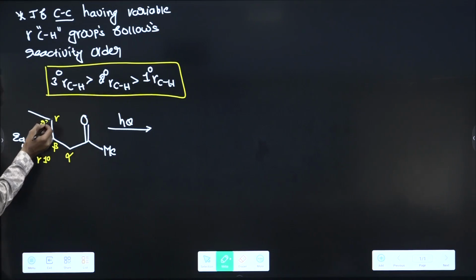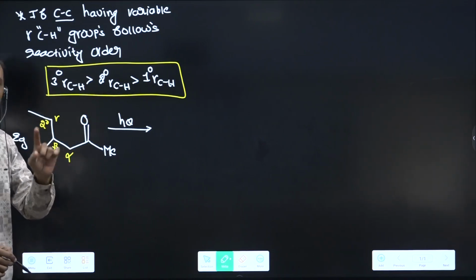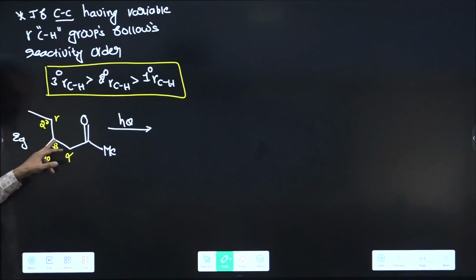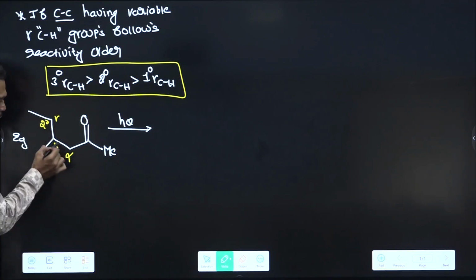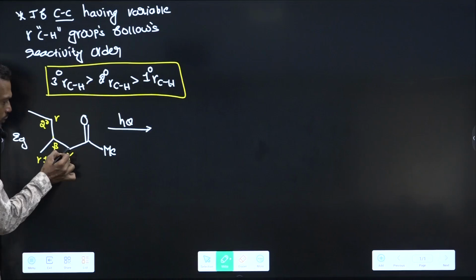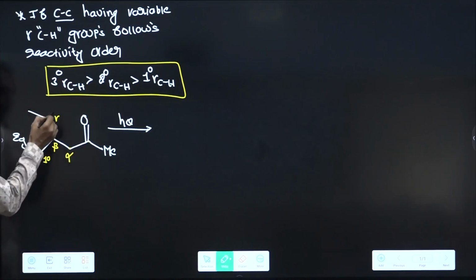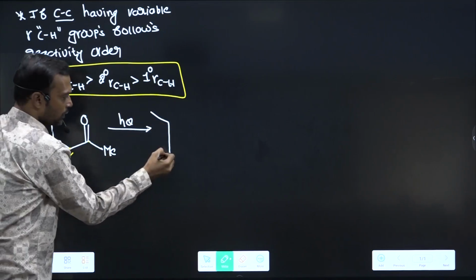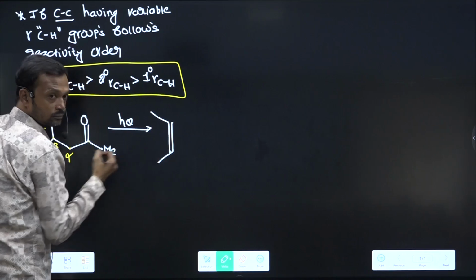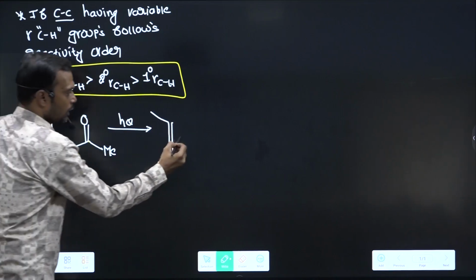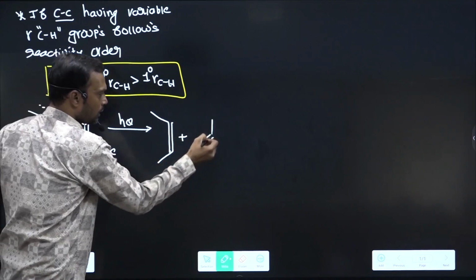So use this hydrogen. If I use this hydrogen, can I break the bond between alpha and beta? Every time remember, break the bond at alpha-beta, and put a double bond between beta-gamma. While putting the double bond between beta-gamma, also put a double bond between the alpha carbon and carbonyl carbon.